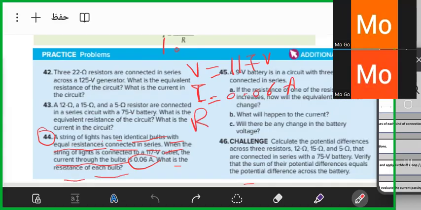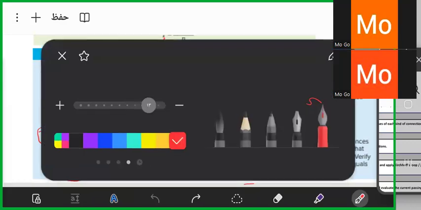He needs to calculate all the R's, but we have R equivalent first. R equivalent, it was from what? Let's change this color, it's making me dizzy.